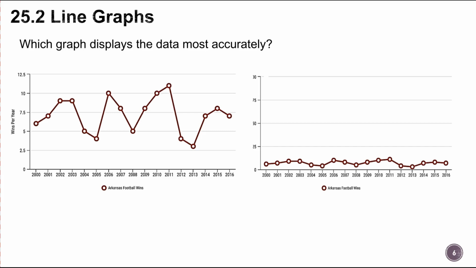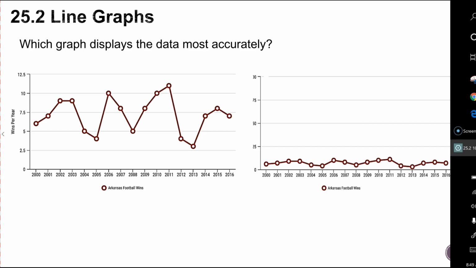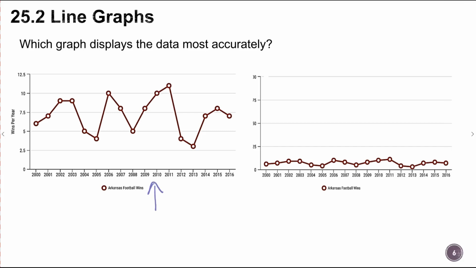So that might be 11 wins right there. The low would probably be 3 and the high would be 11. I'm hoping that you're looking at the two graphs and thinking that the one on the left shows the data better, and that's because of how that vertical axis is labeled.